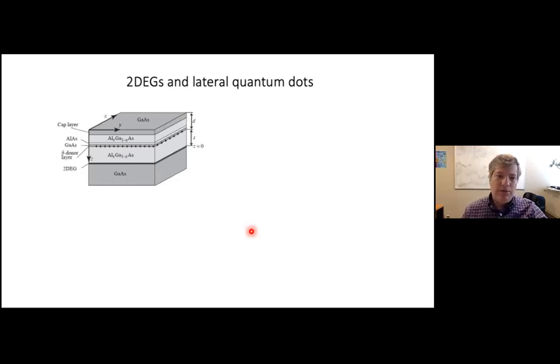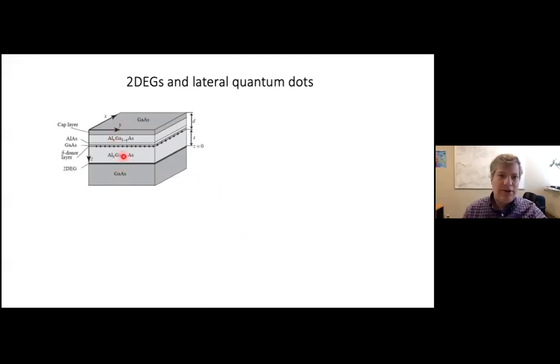Now, before we can form a lateral dot, we first need to form something called a two-dimensional electron gas, or 2DEG for short. So a very well-known type of 2DEG is formed at the interface of gallium arsenide and aluminum gallium arsenide, or I'll call them GaAs and AlGaAs for short.